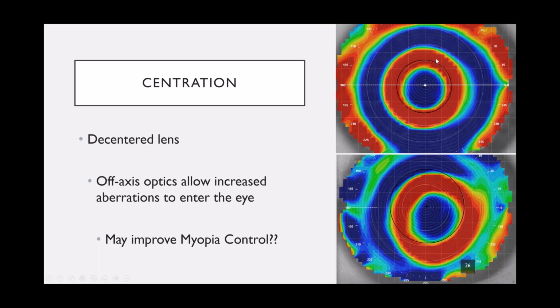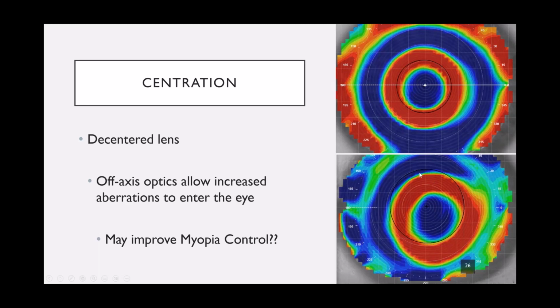One is very nicely centered and one is a little bit decentered. And so, when you're looking at this, that little black line shows us where the pupil is. So in this bottom scan, the patient may have really decent endpoint acuity when they're reading on your chart, but they might subjectively have a lot of issues out in the real world with glare and flare because of all the extra aberrations that are coming into this eye from that red ring of power that is so far within that pupillary zone.